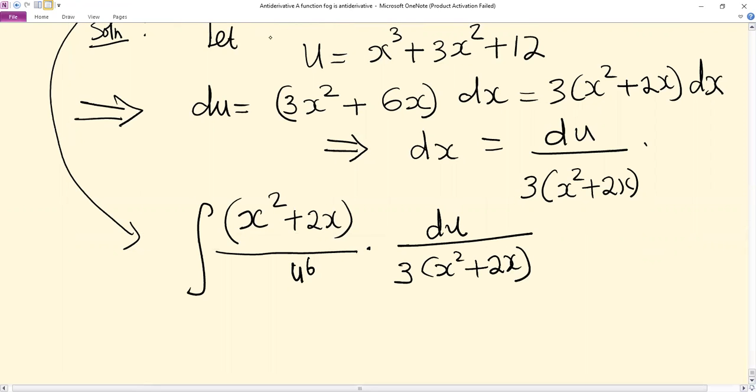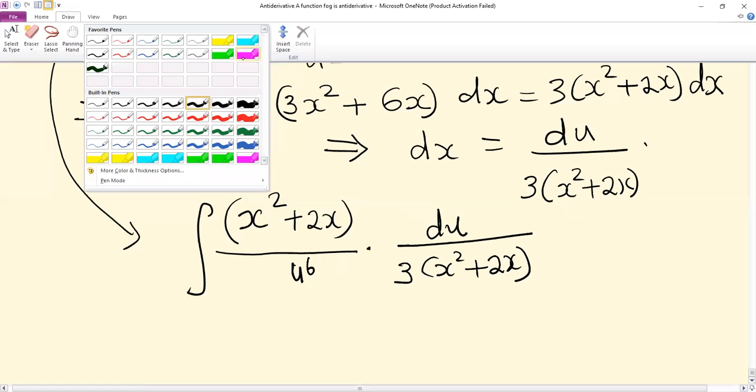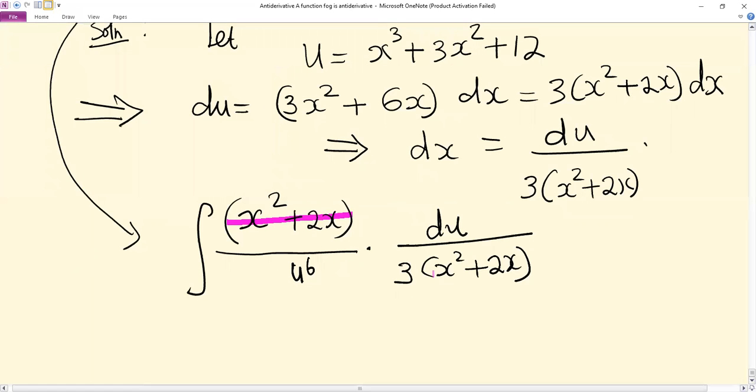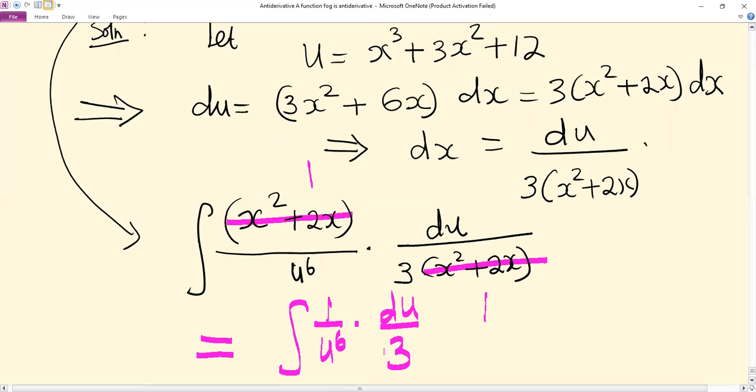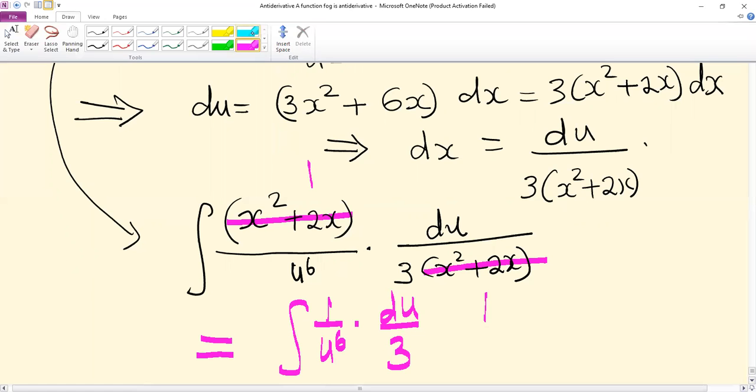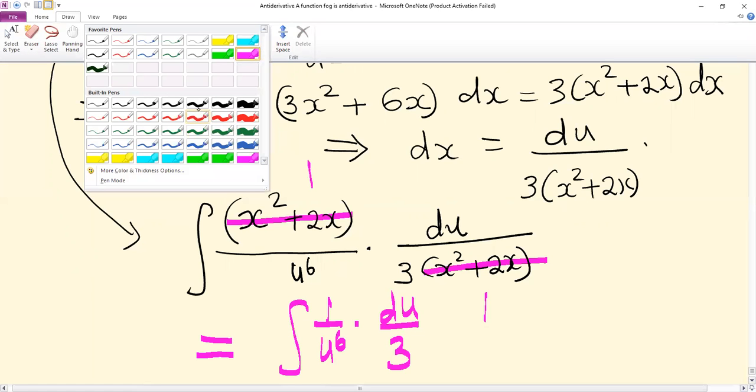And so by that fixing, we see that this bracket and this bracket cancel out. So we'll have the integral of 1 over u power 6 times du over 3. At least now the integral we have is easier to evaluate by power rule.